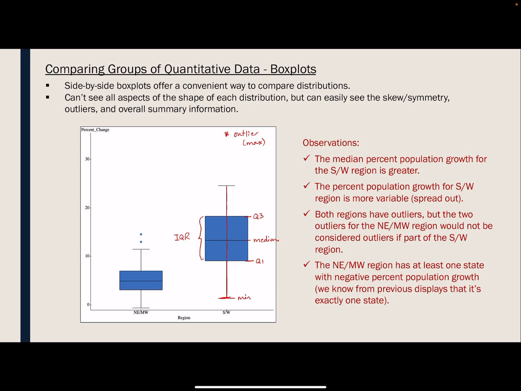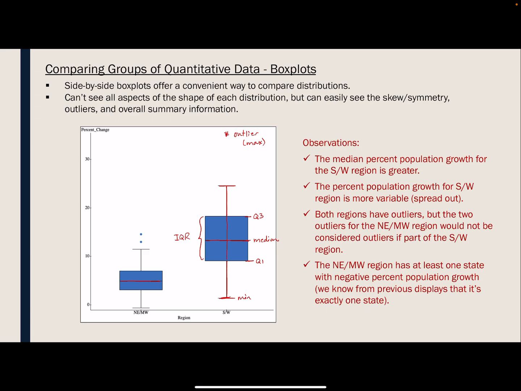So even though 25% includes this whisker and the outlier, the box plot's pretty good at showing that most of that 25% is within this whisker here, whereas that outlier is way up above the rest of the data. So then when we're looking at the comparison between the Northeast Midwest region and the Southwest region, we can immediately see right away that this median is below this median by quite a lot, actually.